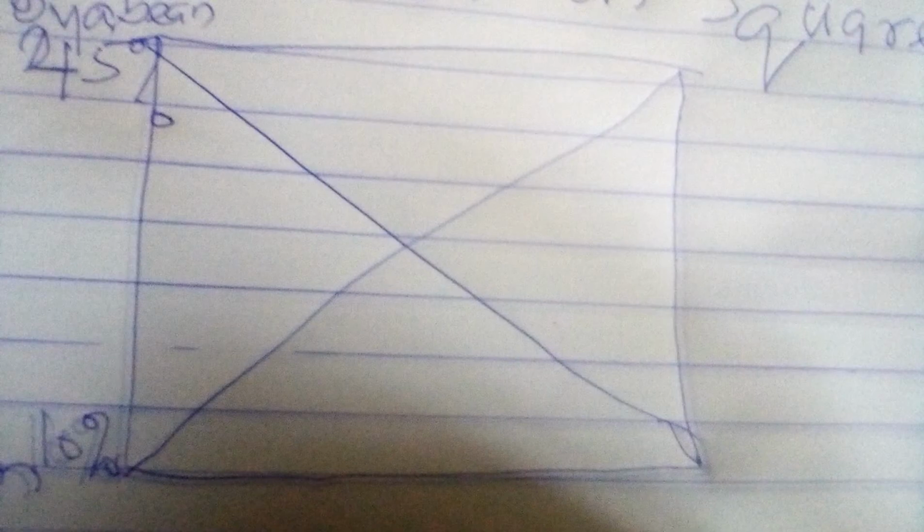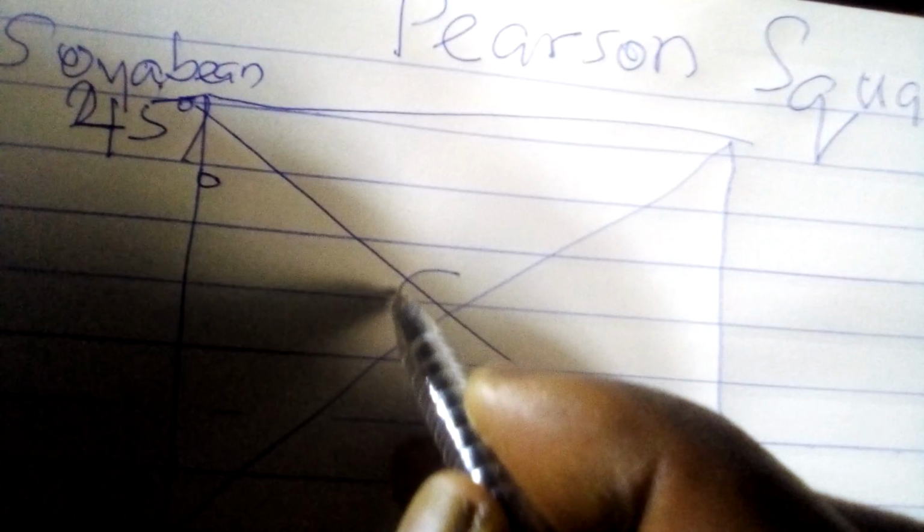Then we are going to draw a diagonal line like this, and you draw the other one like this. Then the value that you want to calculate, you write it in the middle.